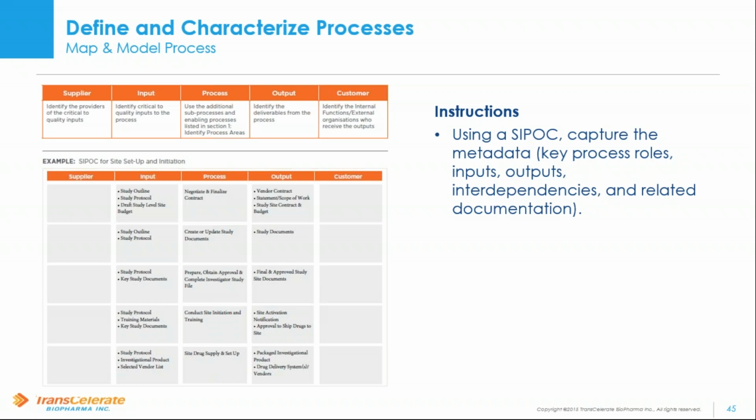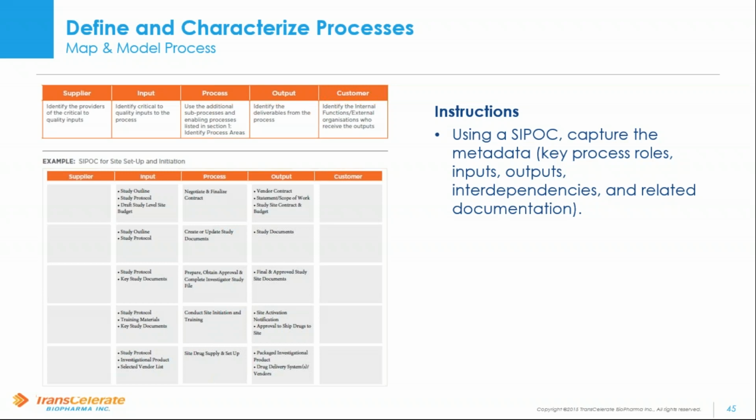The SIPOC helps to define and characterize processes by capturing metadata. Metadata consists of key process roles, process inputs, outputs, interdependencies, and related documentation. The goal of this is to provide a high-level understanding of the process as it relates to the customer and what the process requires as inputs.